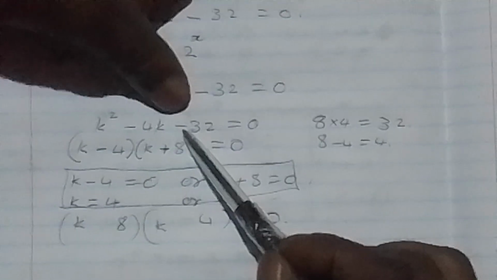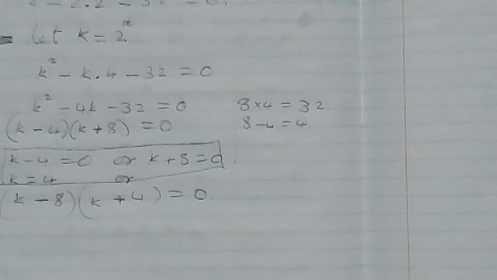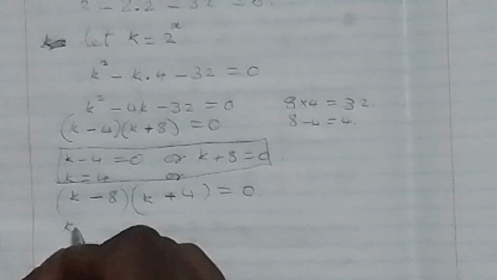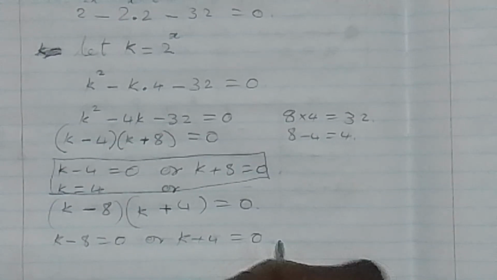They are different. The bigger one must have a negative. Here 8 is big, it takes a negative. Then this one must be positive. Yes, now I've got it right. Okay, k minus 8 is equal to 0, or k plus 4 is equal to 0. So this one we disregard.